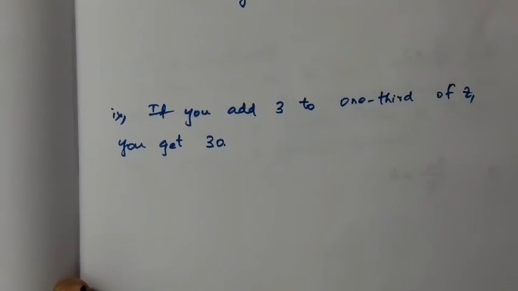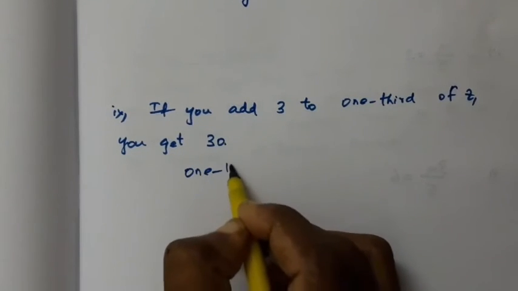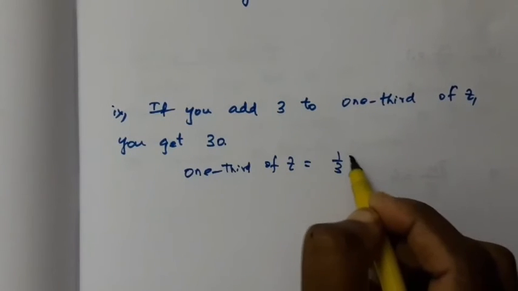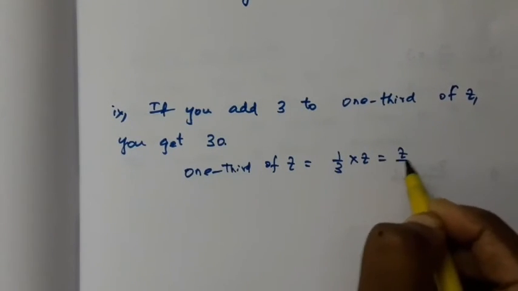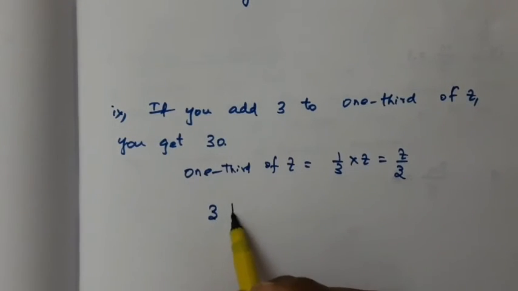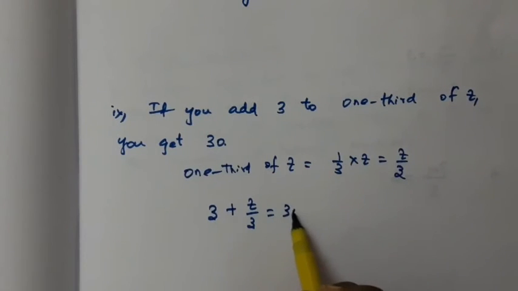Next, if you add 3 to 1/3 of z, what is 1/3 of z? 1/3 of z is 1 by 3 of z, which is z by 3. If you add 3 to 1/3 of z, z by 3, you get 30.